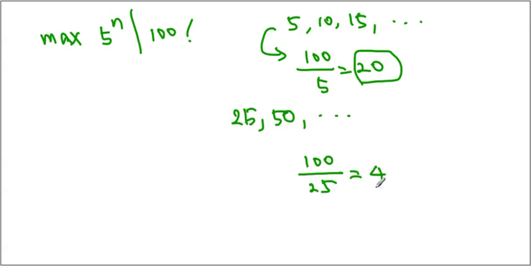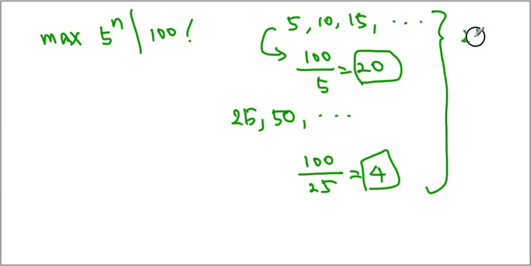That's equal to 4. So we have 4 such numbers that contain an extra 5. So therefore, when you combine them together, we have in total 24 5's embedded in 100 factorial. So therefore, there are 24 consecutive zeros at the end.